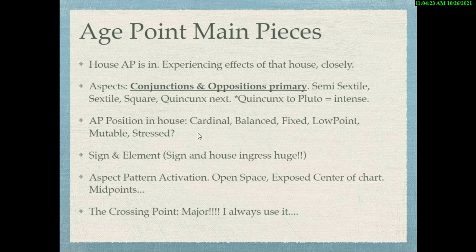Then there's the age point position in the house, as we talked about within that energy curve. Is it in the cardinal area where it can really express itself? Is it at the balance point where both inner and outer pieces of our psyche are at equilibrium? Or is it more towards the low point, fixed area of the chart, where there's going to be an inner orientation for the individual? They're going to be doing a major shift, a crisis of opportunity.